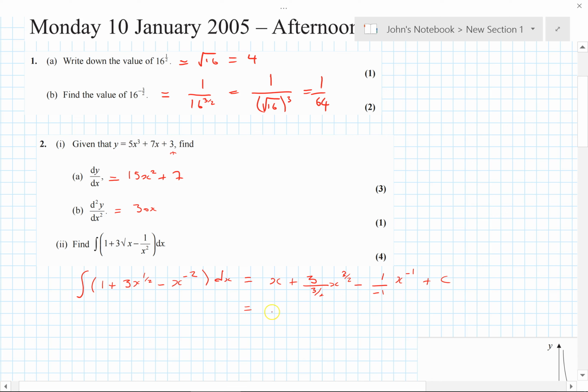We need to tidy that up, so that's x plus 3 divided by 3 over 2, which is 2x to the 3 over 2 plus x to the minus 1 plus c.